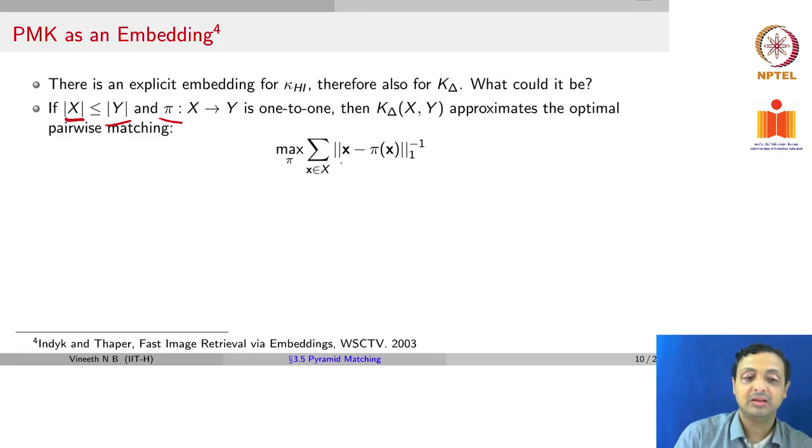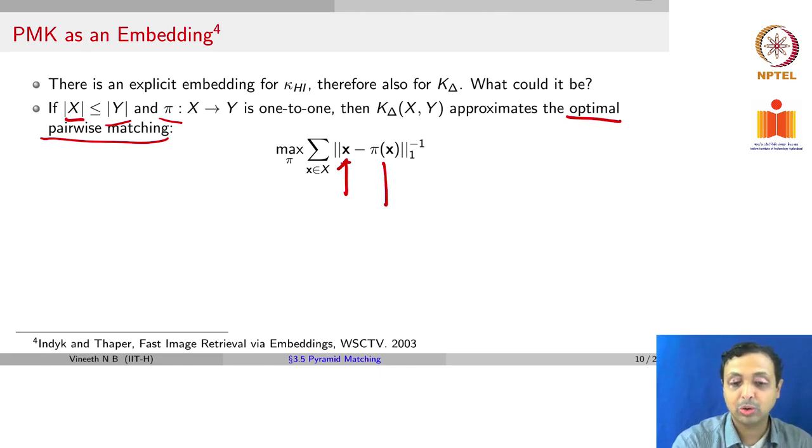And let's define a function pi that takes us from image X to image Y in such a way that pi is 1 to 1, which means for every feature in image X, you find the closest feature in image Y. In that case, the optimal pairwise matching would be given by: you take a feature from image X, you find the corresponding closest feature in image Y, you take the L1 distance between these two features, and you find the pi, the function that takes you from image X to image Y, which maximizes the reciprocal of this distance.